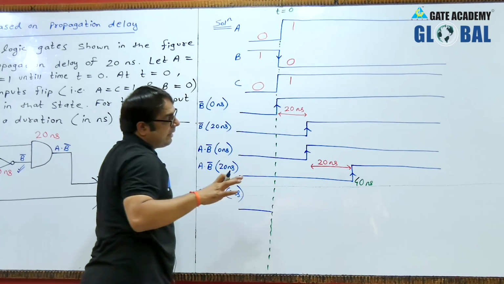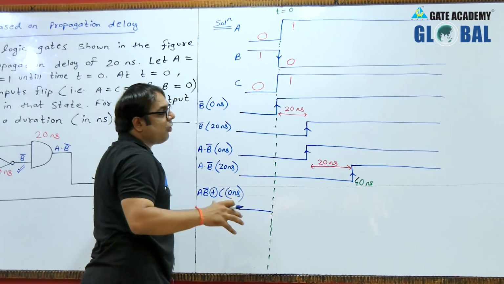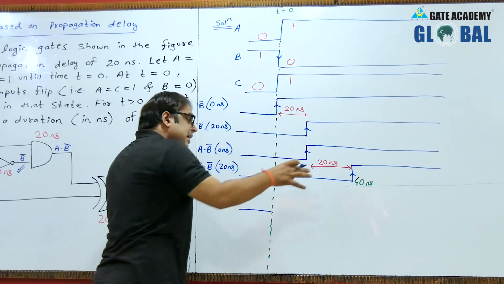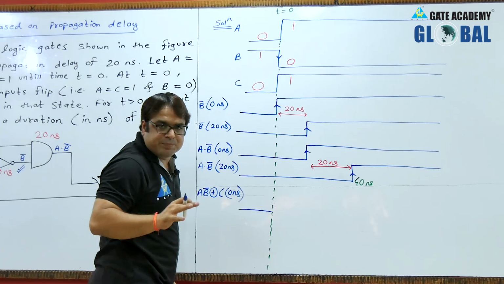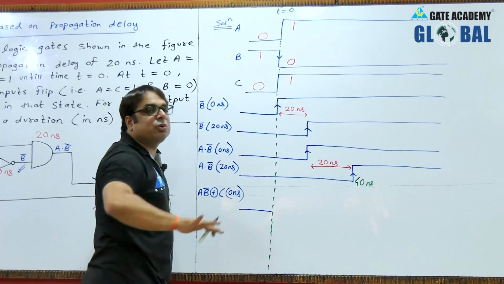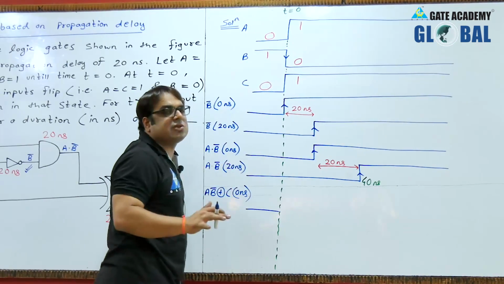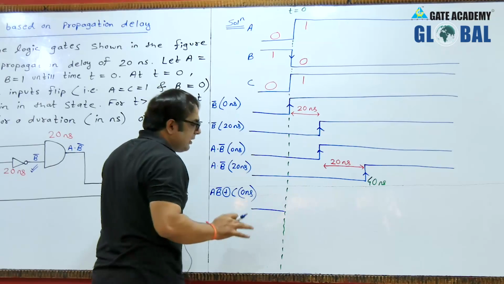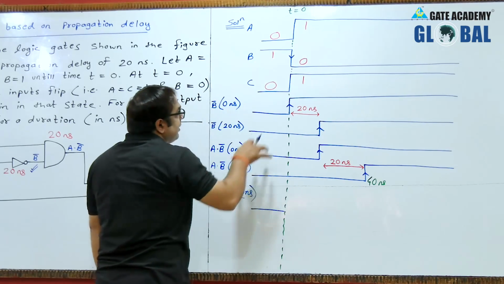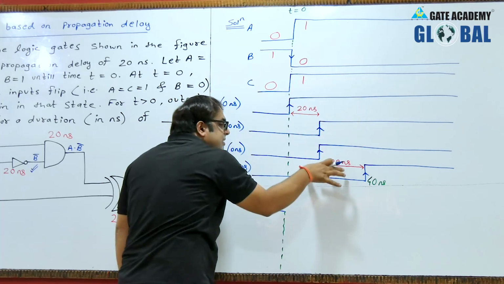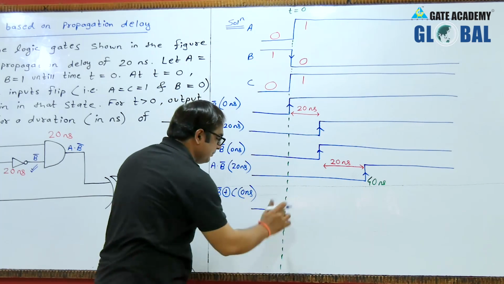So if you already have good practice, at this particular point we have got the final answer. I will tell you how to cut short the time and minimize your steps, but just wait for this time. I was saying logic 1 and logic 0, the XOR output will be 1.